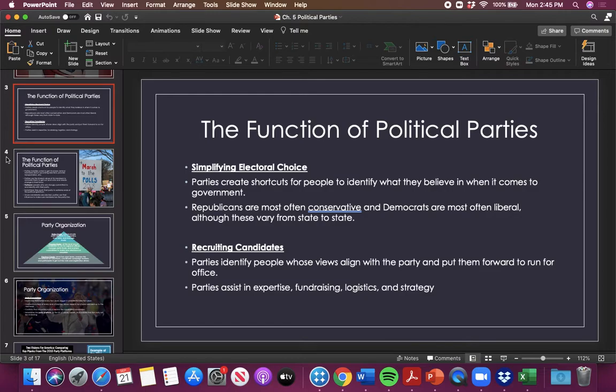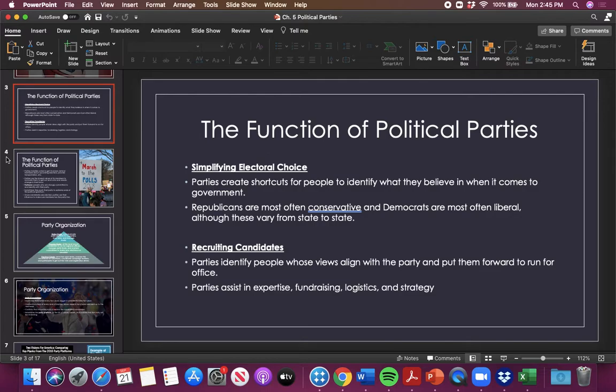Like we said, Republicans are most often conservative, Democrats are most often liberal, but how they express that can vary from state to state. Democrats in Texas, now, this is changing a bit, and it changes based on age and race and things like that, but Democrats in Texas have tended to lean a little more moderate than, say, Democrats in California or New York. So even though someone identifies with a political party, they may not express it in the same way.